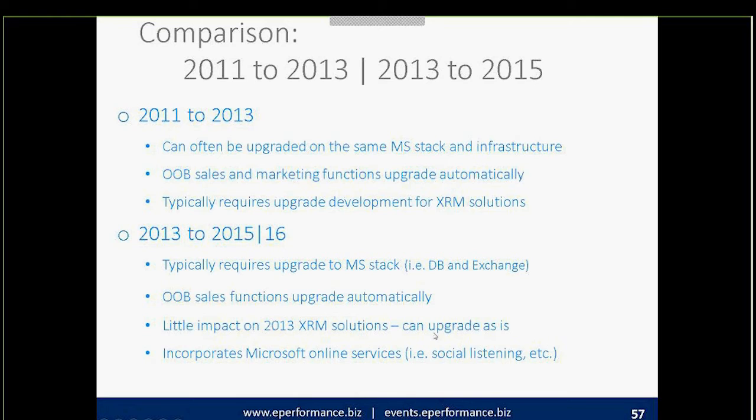So you can usually upgrade as is from 2013 to 2015, and from 2015 to 2016, that's all pretty seamless. You don't have to worry about your code breaking all of a sudden. It's much lower risk in that regard. And it incorporates Microsoft Online Services. If you're going to implement those, there's a whole implementation curve associated with that, so you'd have to take a look at it.